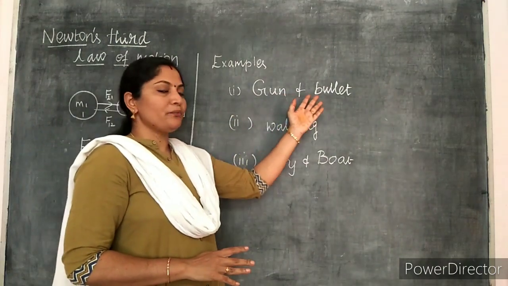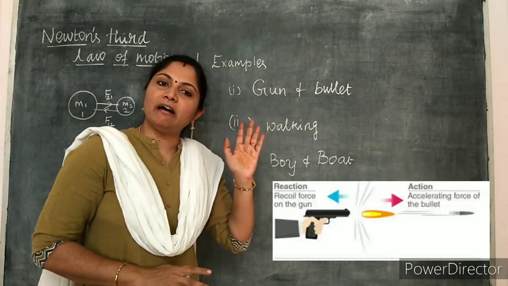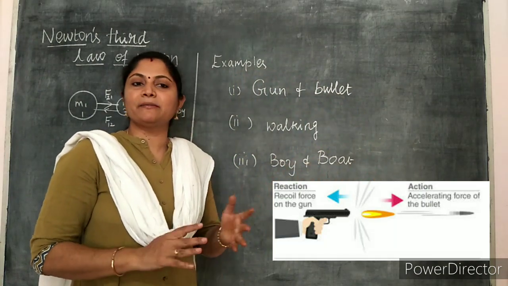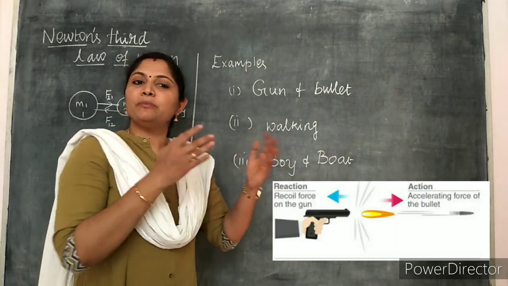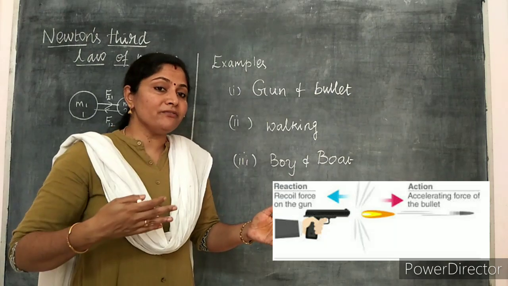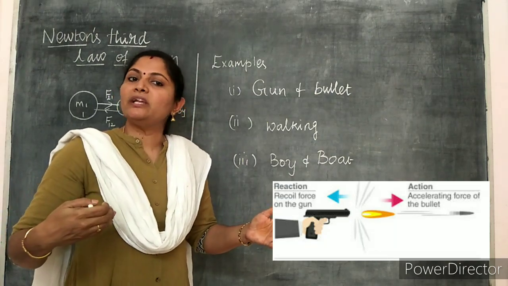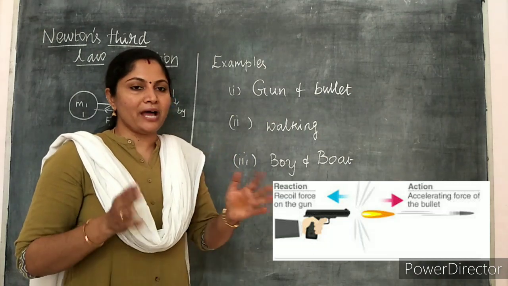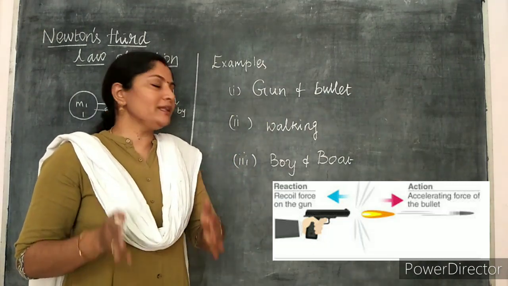Gun and bullet. When a bullet is fired from a gun, the bullet moves in the forward direction with some acceleration, that is said to be the action. At the same time the gun moves with a recoil velocity in the backward direction, that is said to be the reaction.